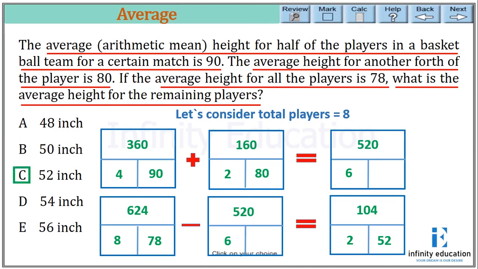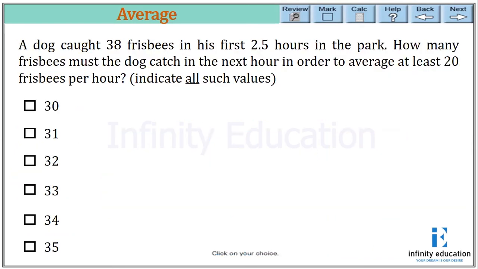Now let's do one more example. A dog caught 38 frisbees in his first 2.5 hours in the park. How many frisbees must the dog catch in the next hour in order to average at least 20 frisbees per hour?